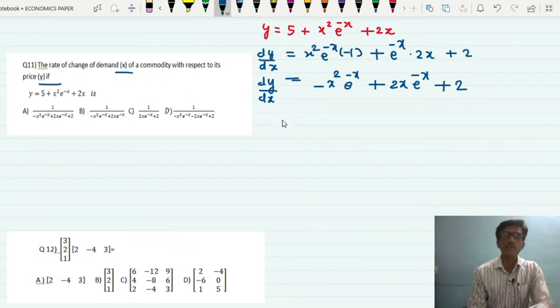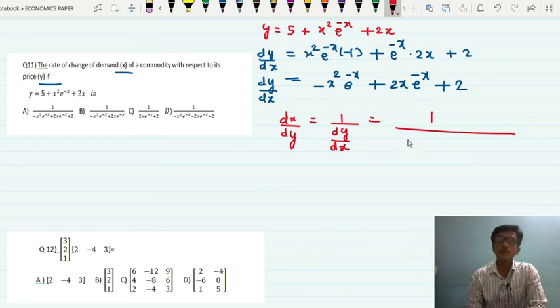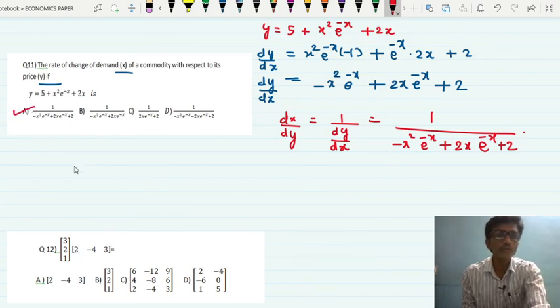That means we required dx by dy. So dx by dy will be equal to 1 upon dy by dx, which will be 1 upon minus x square e raised to power minus x plus 2x e raised to power minus x plus 2. Done. Now here is the option, A option is the correct option.